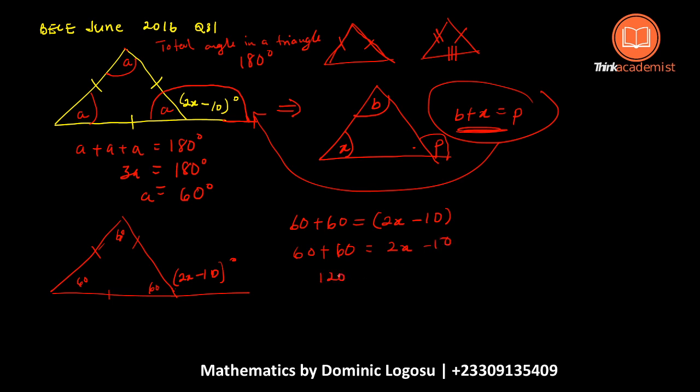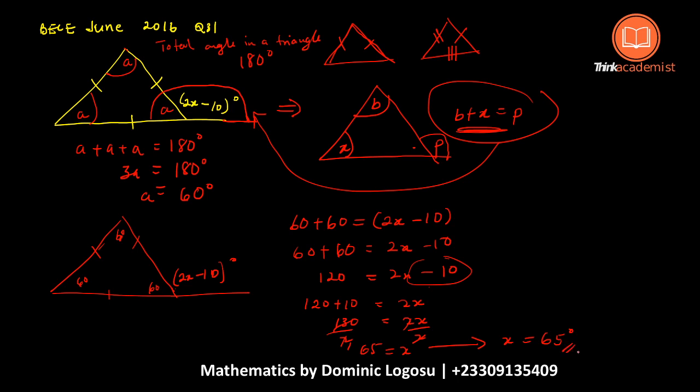Now we move the 10 to the other side, so it becomes 60 plus 60, which is 120, plus 10, because it's negative. This gives us 130 equals 2x. We divide both sides by 2, and so this will give us the value of x. Remember it's degrees, so you try and write your degrees.